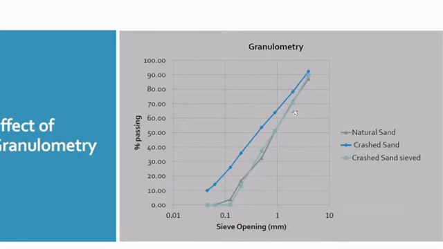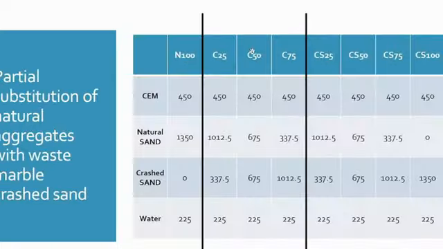Here in gray is the natural sand we used as reference. The blue is the gradation of the crushed sand as we got it from the plant. And the light blue one is the gradation of the sieved crushed sand without the finer part. We prepared several mixtures. This is the reference mixture with 100% natural sand.